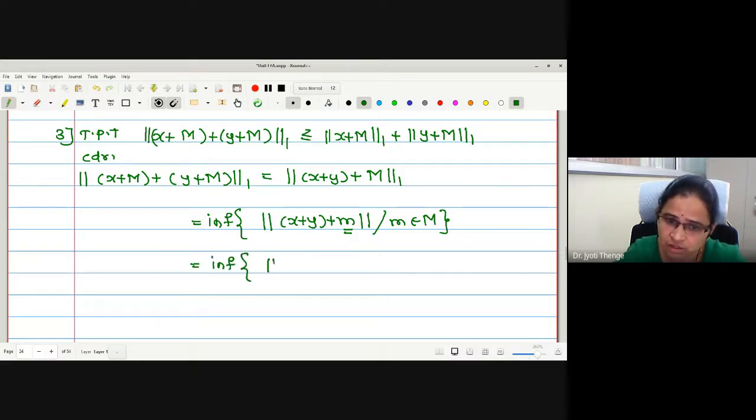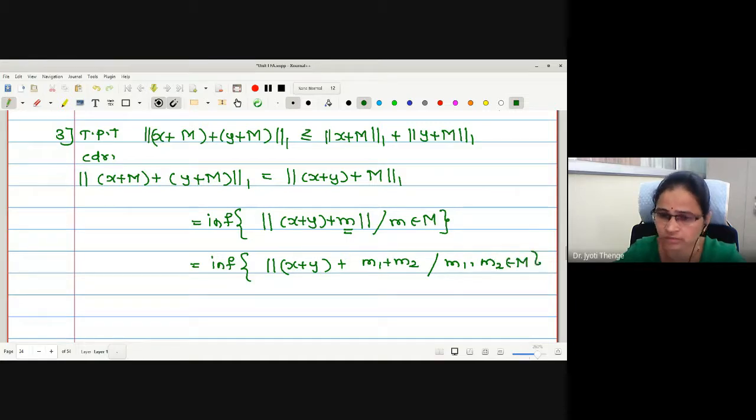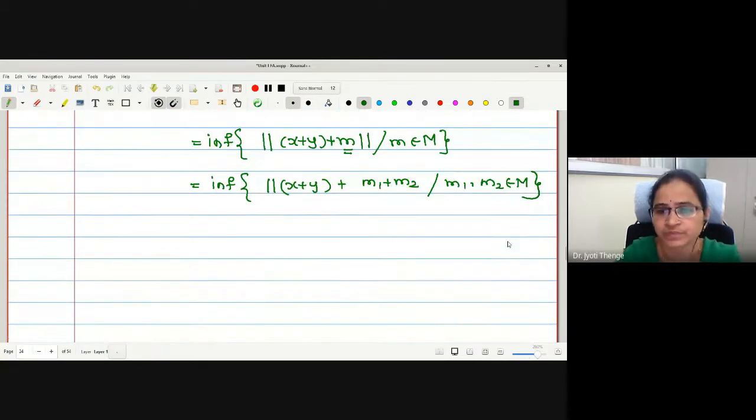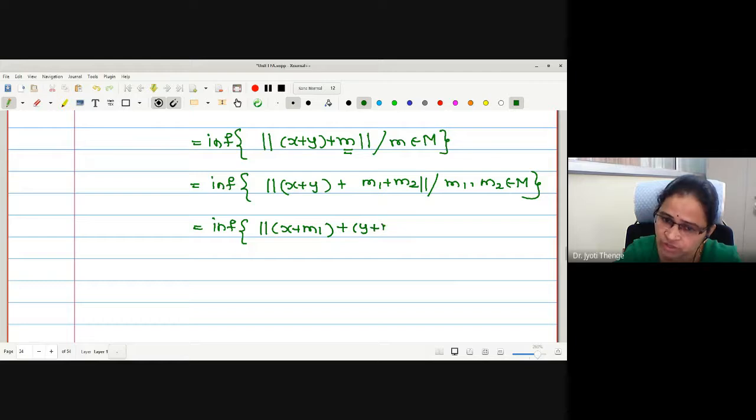For this, x plus y I will keep as it is, and can I write this m as m1 plus m2, provided both m1 and m2 are in M? Now let me separate. Take x together with m1 and y together with m2, with the same condition.